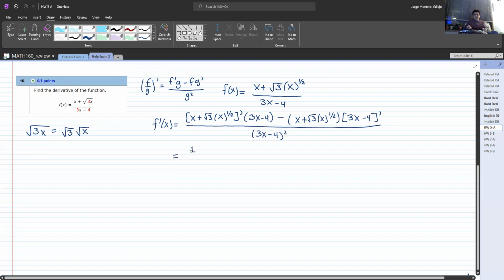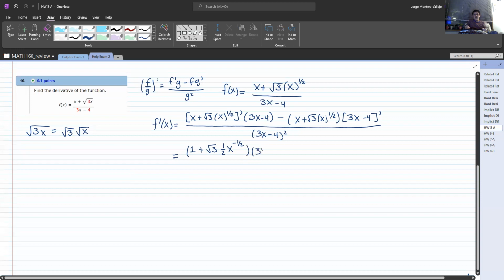Okay. All right, derivative of this first set of brackets. Well, x is just 1, and then we get square root of 3, and then for this power, we need to do the power rule. So 1/2 comes to the front multiplying. We have x, and then the new power is negative 1/2, right? 1/2 minus 1, that's minus 1/2.